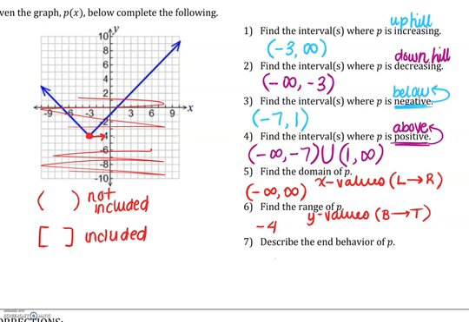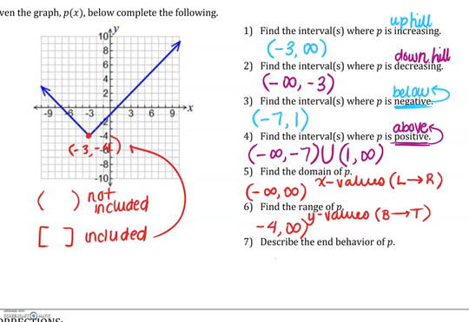And if I keep working my way up, because I have these arrows pointing up towards the sky, my graph is going to go up forever towards infinity. Infinity symbols always have parentheses, and at -4, because that is a y value that's on my graph, this point is at -3, -4. It is included, and so I'm going to use a bracket.